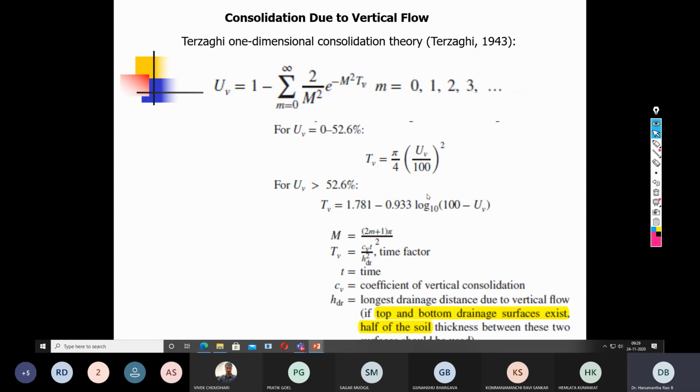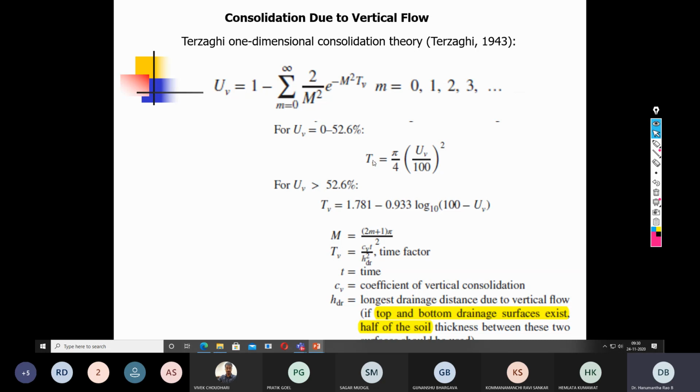These are other equations: consolidation due to vertical flow. I will not elaborate because these equations are very well known to you from your undergraduate program. Terzaghi very well talked about 1D consolidation. This is Terzaghi's theory of 1D consolidation, where we have seen the time factor in the vertical direction, Tv equals pi/4 into Uv squared.